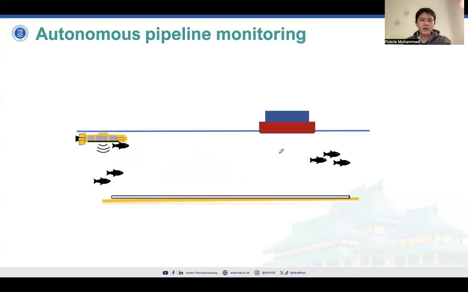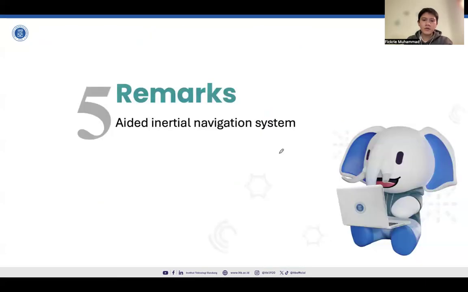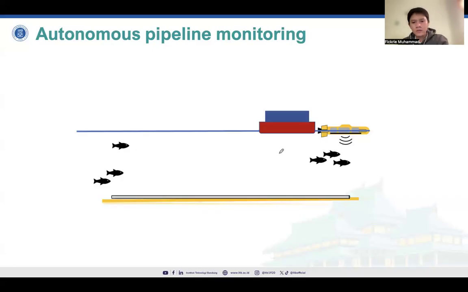So for example, here we deploy the AUV from the surface, from one position, and it autonomously tracks the pipelines along the way. After it collects the pipeline data and reaches position B, it will ascend again and transmit the data at the docking. But it has to detect the pipeline and track the pipeline autonomously.